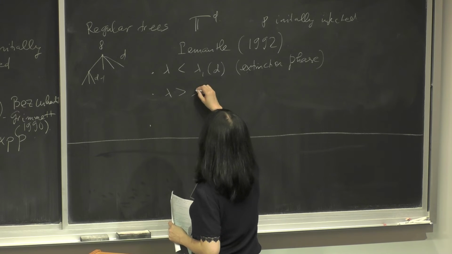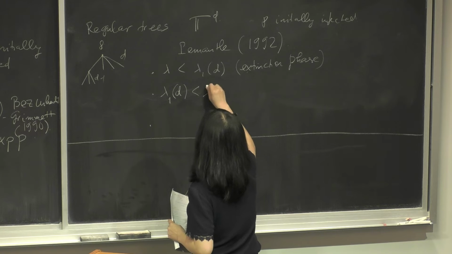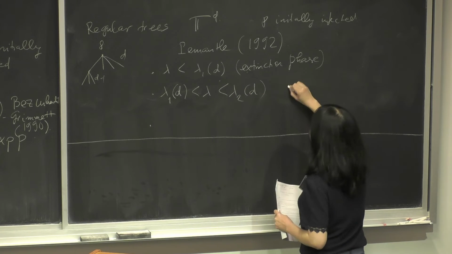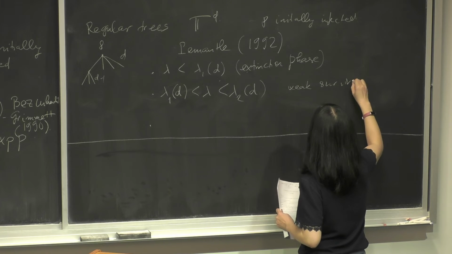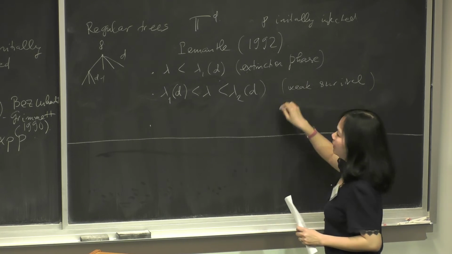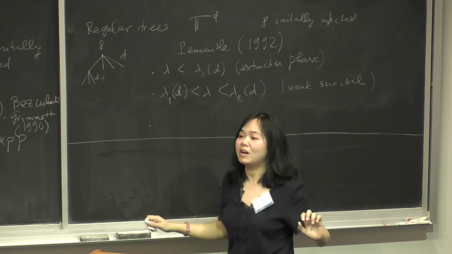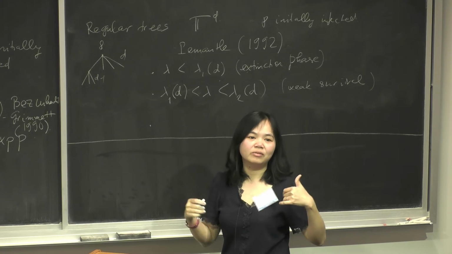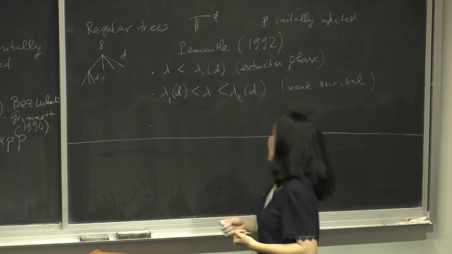If lambda is larger than lambda 1 of d but smaller than lambda 2 of d, then it's in the weak survival phase. What it means is there is a positive probability that the process survives forever, but the ones that are infected are further away from the root. The root only gets infected finitely many times.